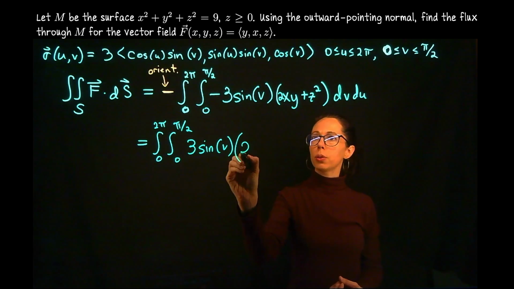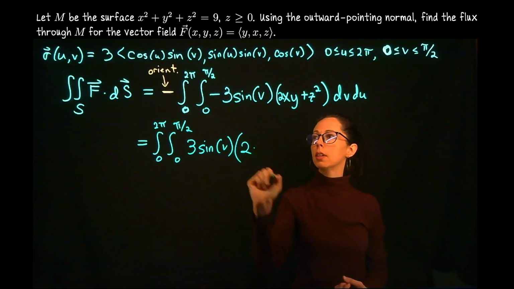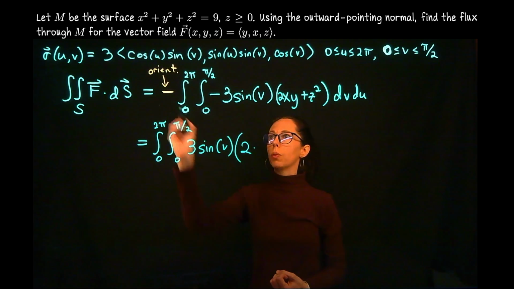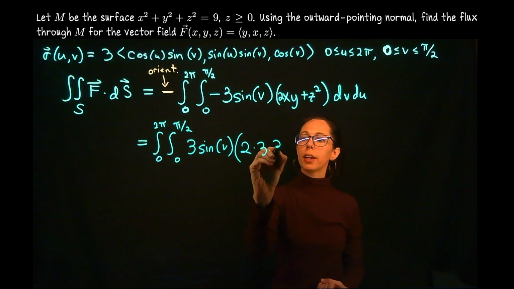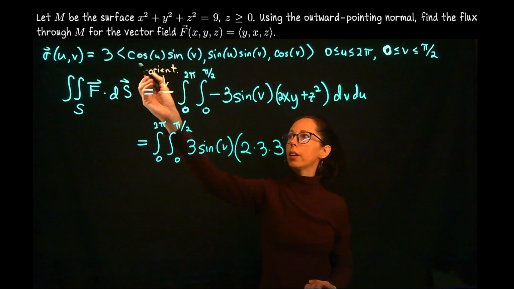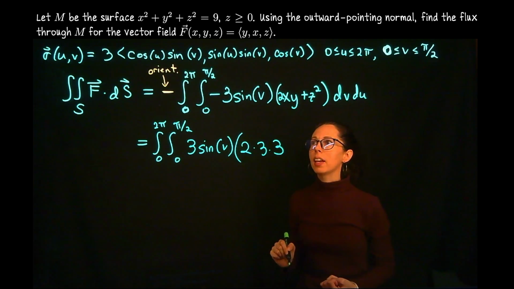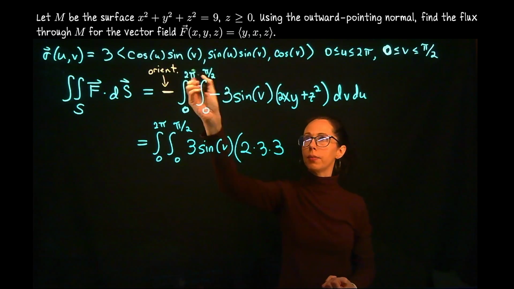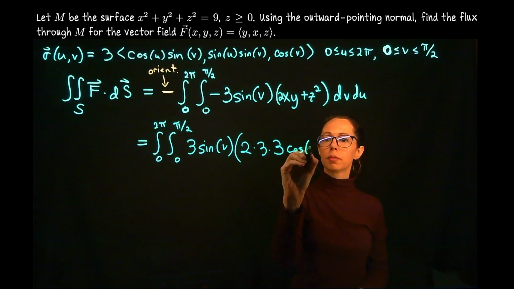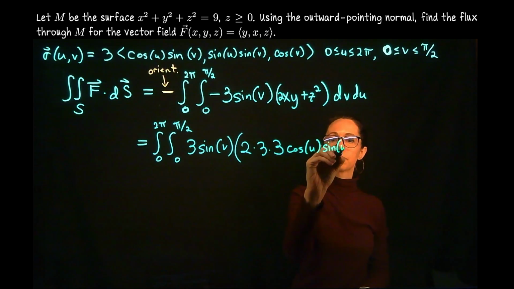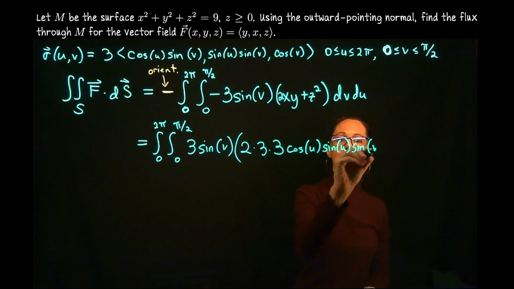We have 2 times 3 times 3, because we have 3 cosine u sine v, 3 sine u sine v for x and y. And then we have cosine u sine v sine v, so cosine u sine of v squared.